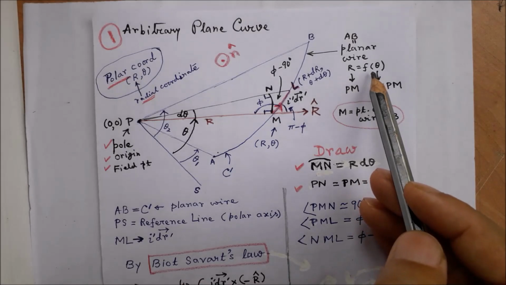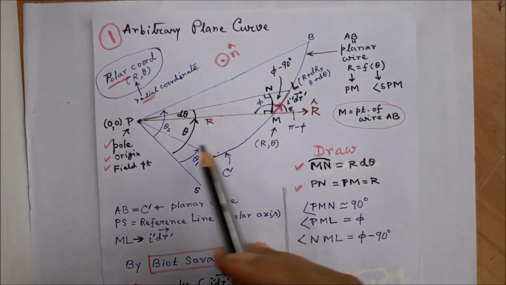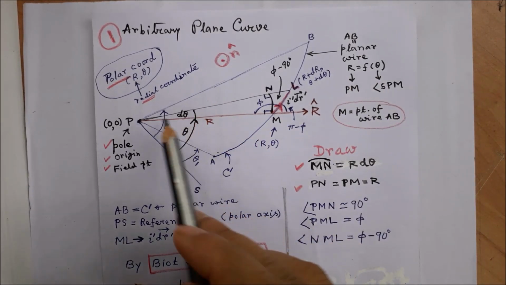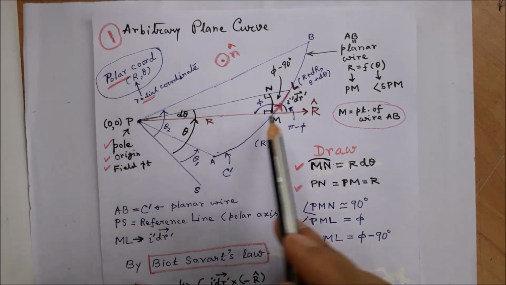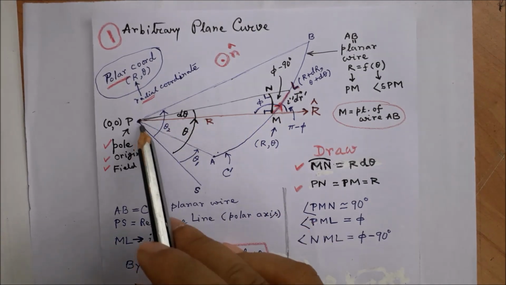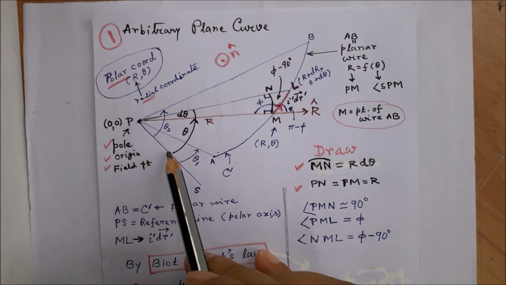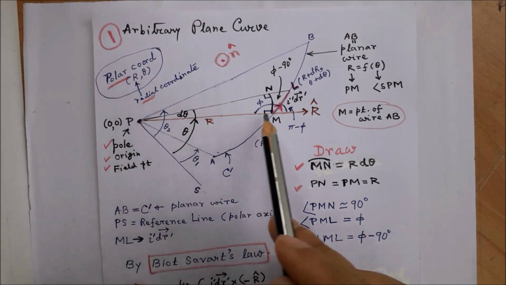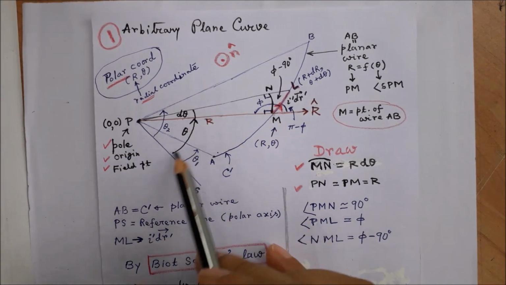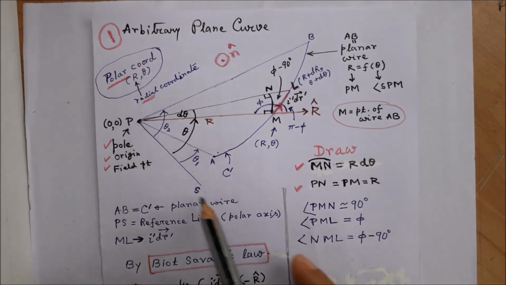where theta is the angle which this PM makes with the reference axis. So this is the theta angle. PM makes an angle theta with the reference direction PS.